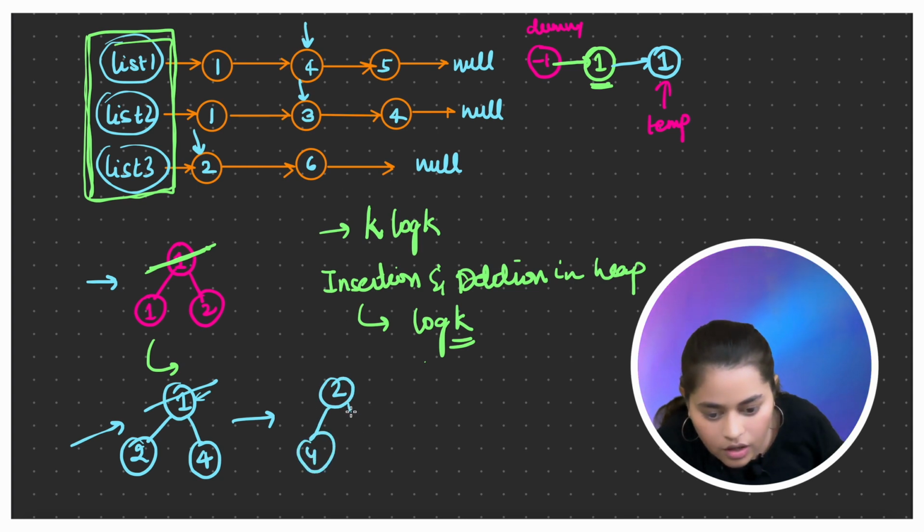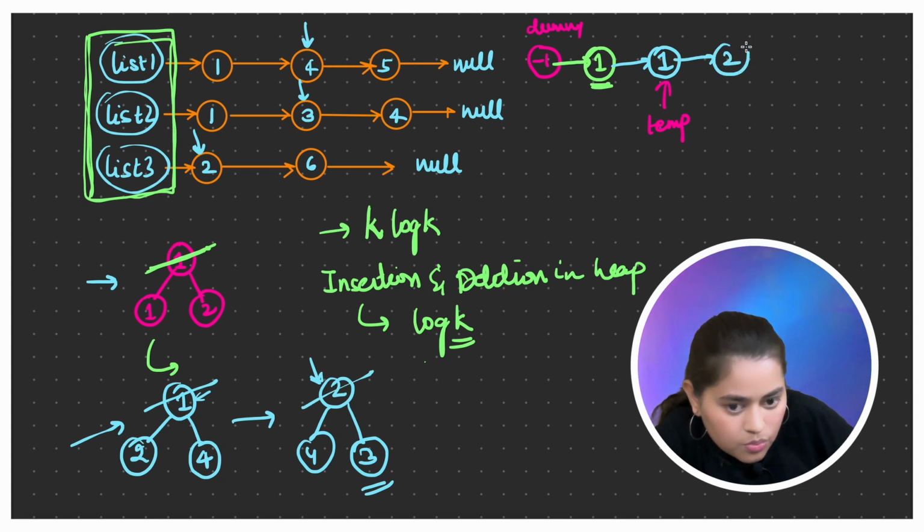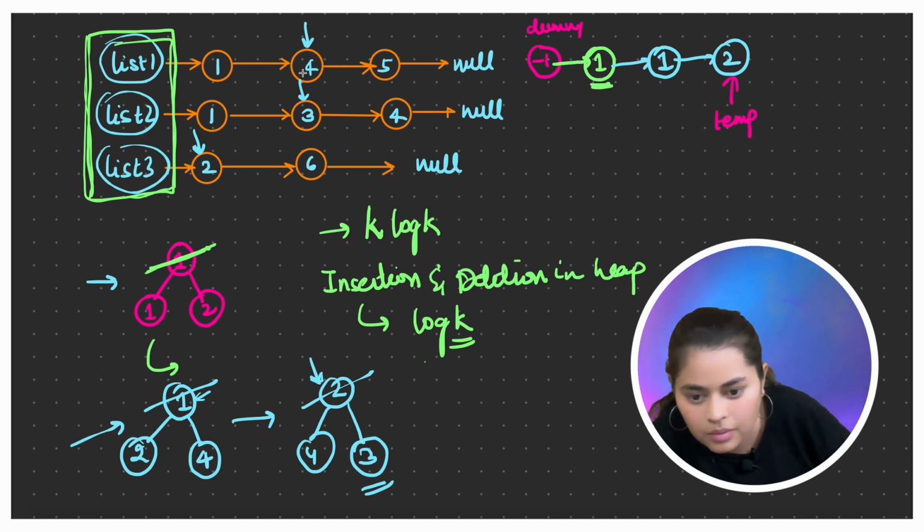Now 3 came. When 3 comes, again the state of the min heap will be checked. Now again the min heap is in its correct state. 2 is at the top, which is the minimum. So again we'll delete 2, insert 2 at this point, and increment our temp and our pointer.